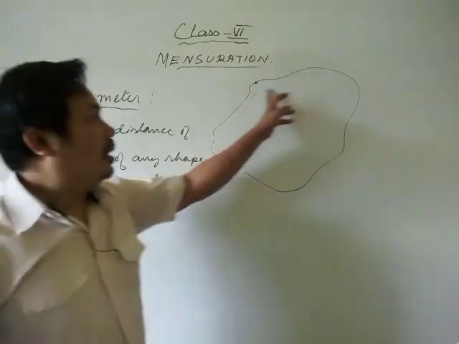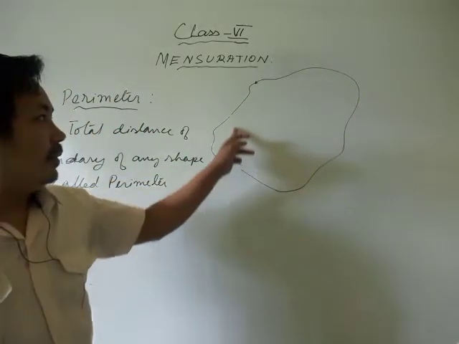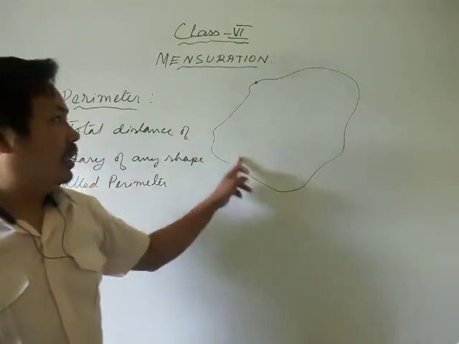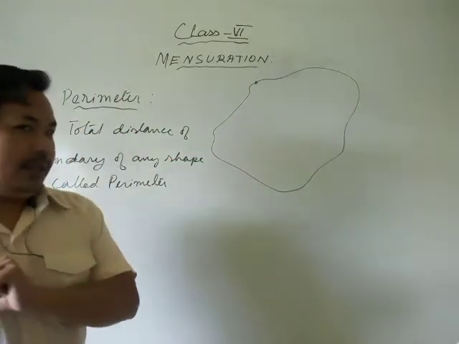So this is the boundary of the shape. The total distance of the boundary is called the perimeter.